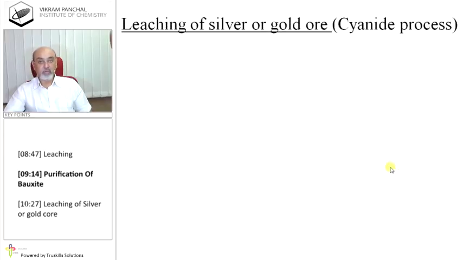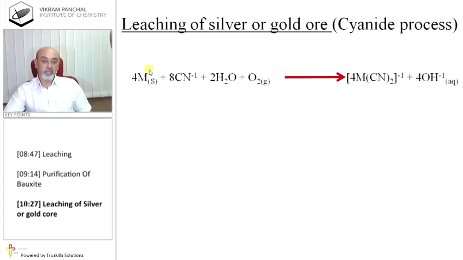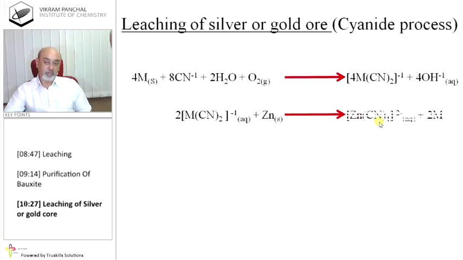Some other processes are also used, for example, leaching of silver or gold ore, and the process is known as the cyanide process, in which metal is treated with cyanide ion in presence of air and water, and it produces a cyanocomplex of metal. This cyanocomplex of metal is treated with zinc. Zinc has more tendency to donate electrons.